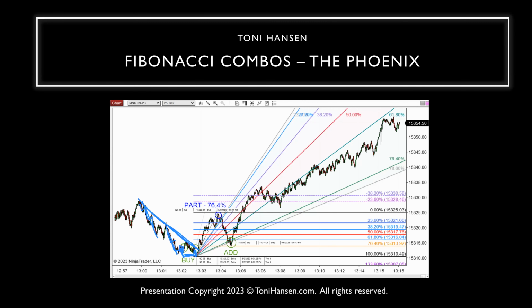And as it started to shift when it came into the 76.4% retracement of this level, which is right here, I took off part of the trade. But 100% price extension right back into that 76.4% Fibonacci fan and the 76.4% Fibonacci retracement level, I built back into this position.